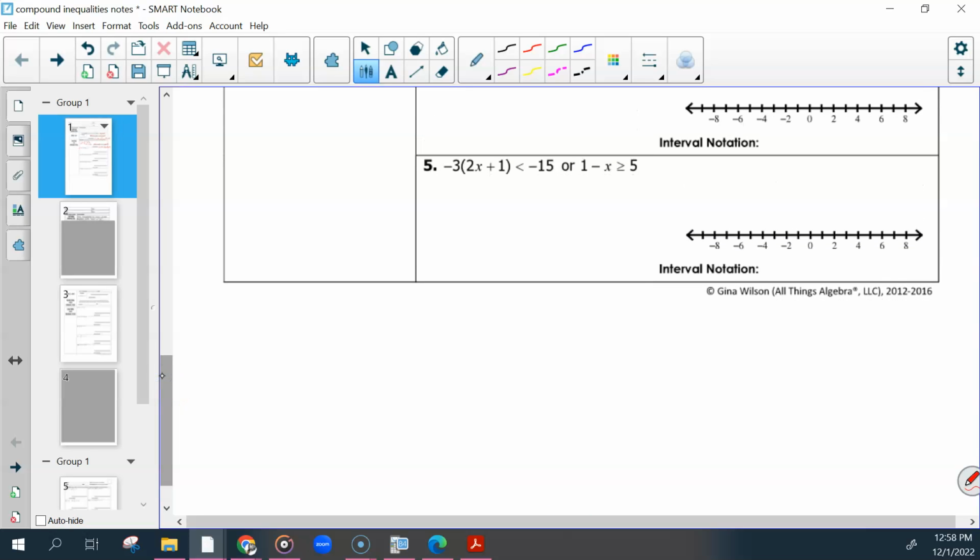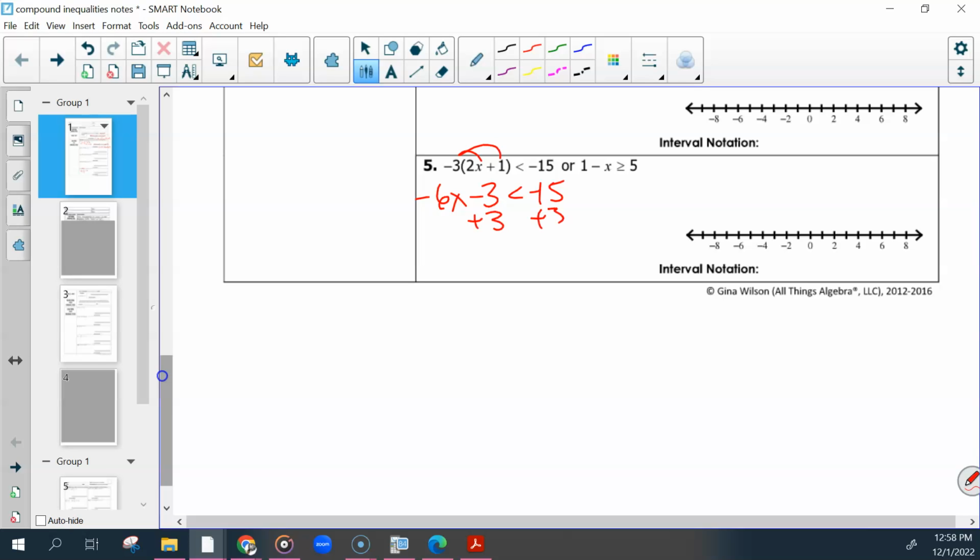So the one on the left, I'm going to show you 2 different ways you could solve that one, but we'll do that here in a moment. So let's solve them both like regular. Distribute: negative 6x minus 3 is less than negative 15. I can keep solving this.